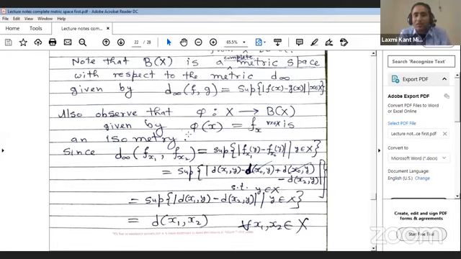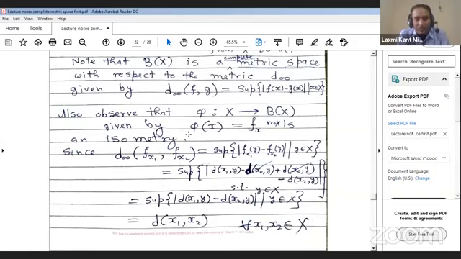This is nothing but the supremum of the set |fx1(y) − fx2(y)|, where y is inside X. So we can compute it, and we can see that this is nothing but the supremum of |d(x1,y) − d(x2,y)|.